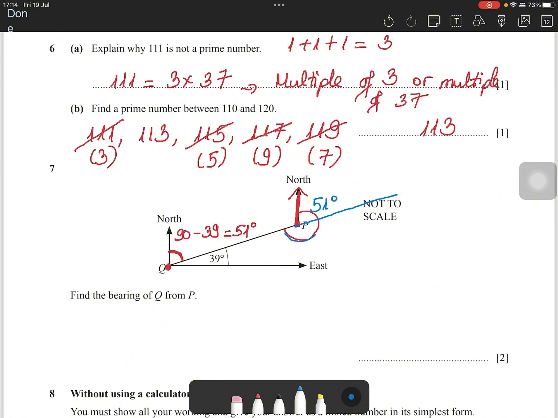And the angle below it is a straight angle, 180 degrees. So the bearing of Q from P is 51 plus 180 equals 231. So we write the answer here.